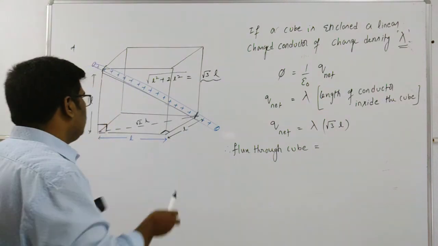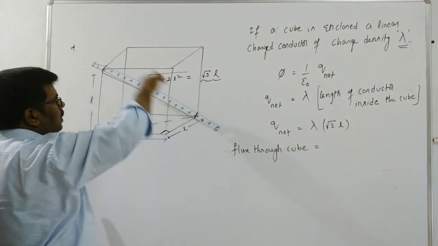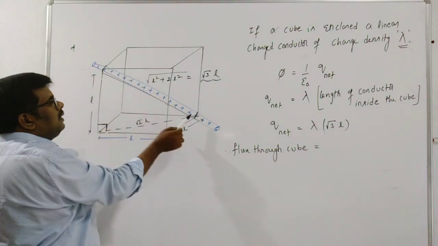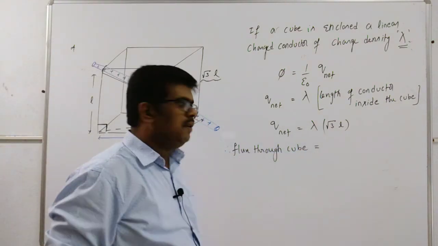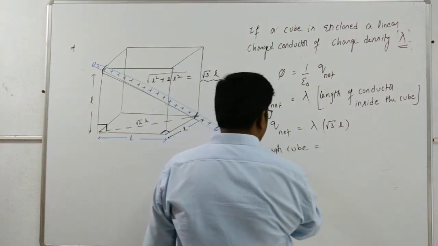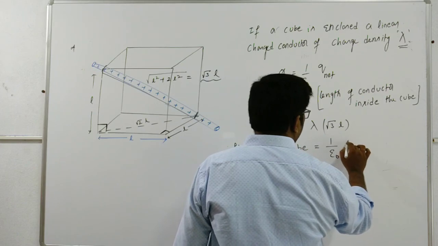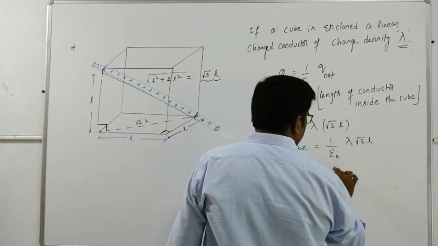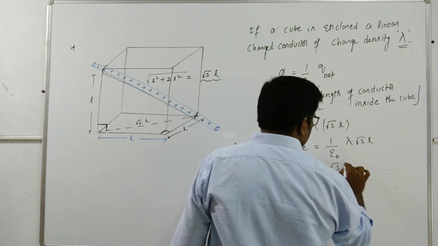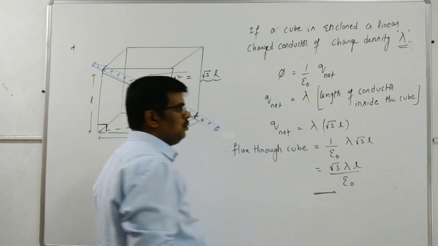From one corner to the diagonally opposite corner, that length is root 3 L. So linear charge density into root 3 L. Therefore flux through the cube is root 3 lambda L by epsilon naught. This is the flux through this cube.